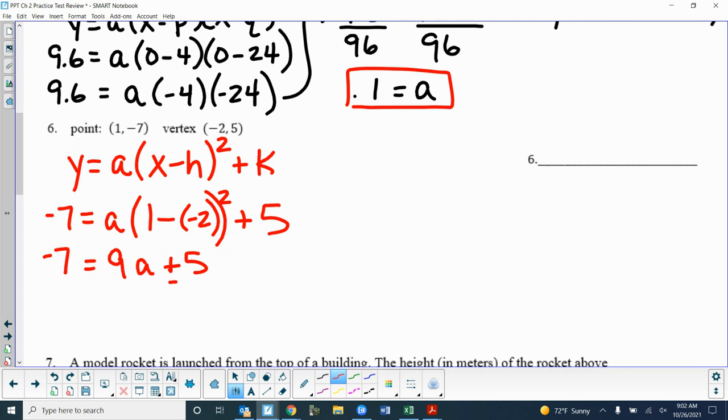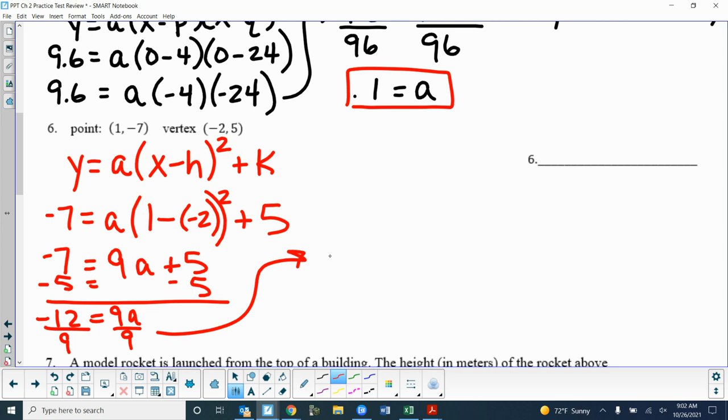Subtract the 5, and then divide by 9. So negative 12 equals 9a, and divide by 9. So that gives me, if I divide both of those by 3, negative 4/3. If you put negative 1.3 repeating, that's okay also, because that's what the decimal is. But it's a repeating decimal, it's not just negative 1.3.